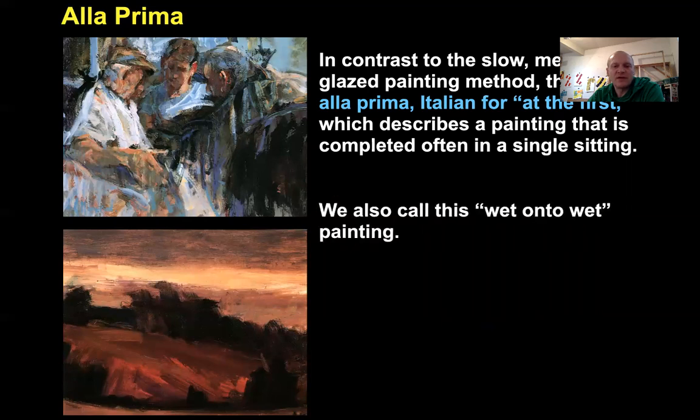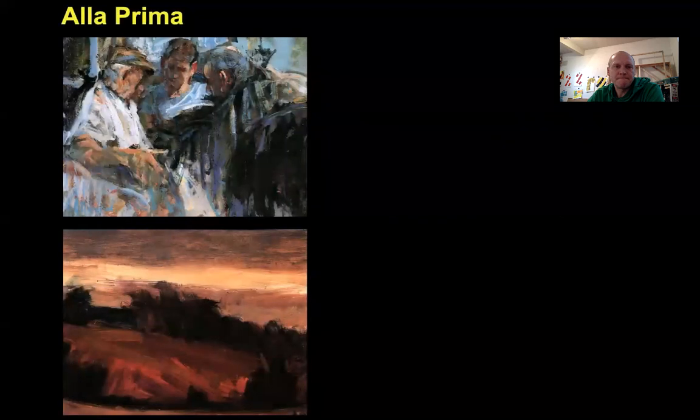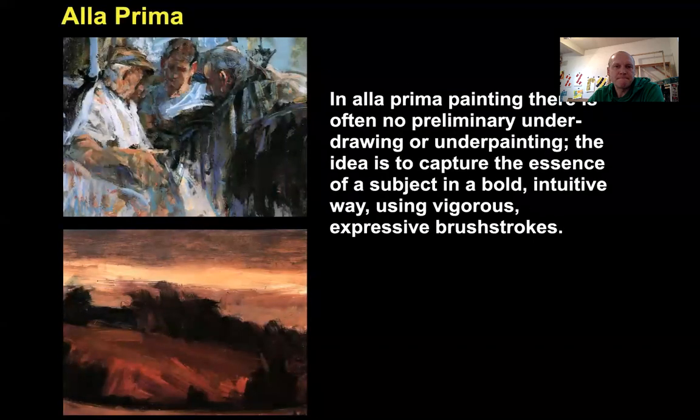We call it wet onto wet as well, because obviously being oil paint, when you come back over an area, it blends a little bit. There's no drawing underneath. Usually, there's not a lot of planning. It's just capture the subject right now, expressive brush strokes.